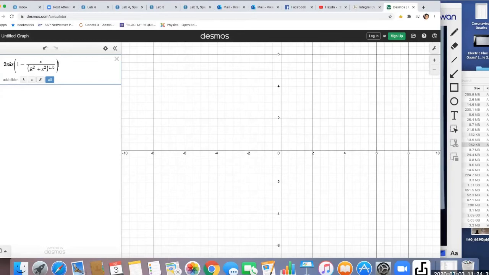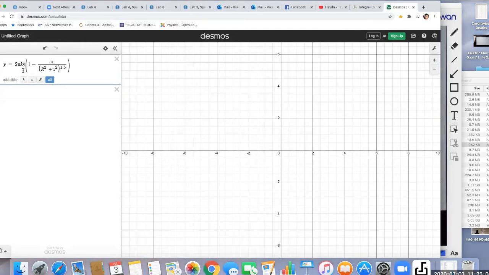Close the parentheses. Maybe we need to say y equals. Here's the graph. Too many variables. Try defining k sigma over r. Oh, I see. Oh, you know what? Maybe Desmos needs numbers, huh?